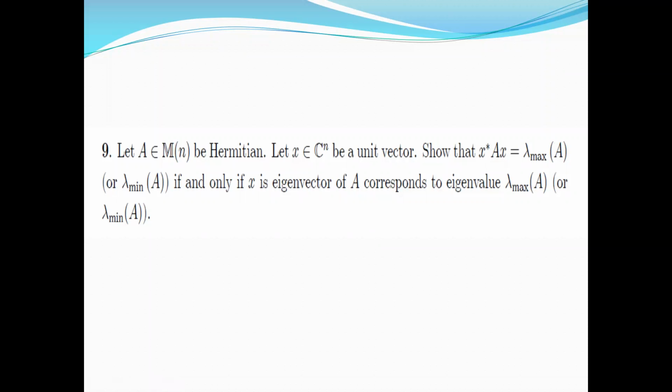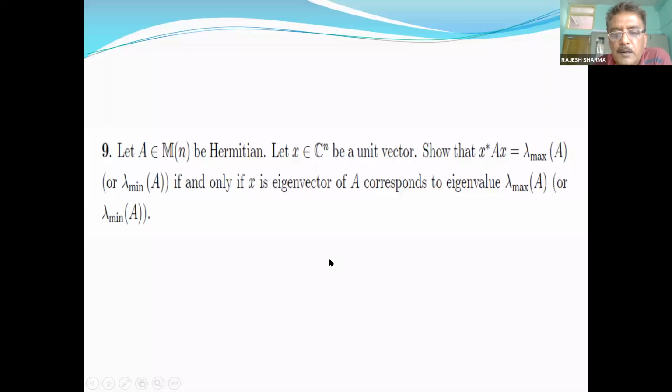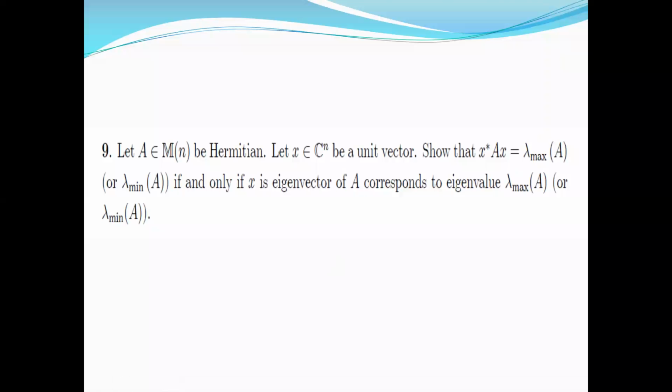X star AX and lambda max A both are scalars. So we have x star ax equal to x lambda max A. No, sir, this way, as A is a Hermitian matrix, all its eigenvalues are real numbers, and X star AX lies in the numerical range.